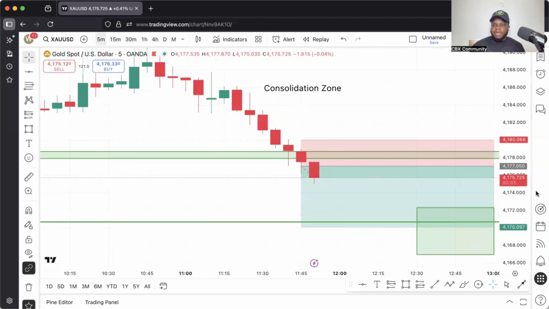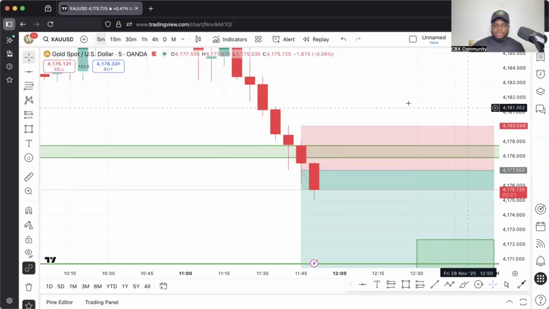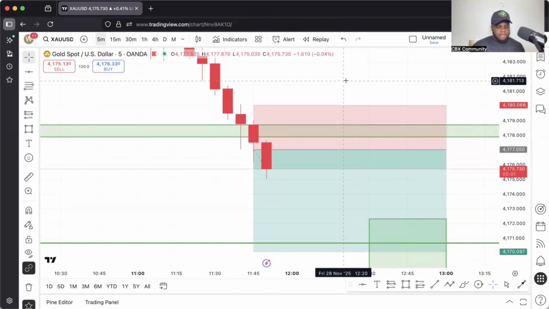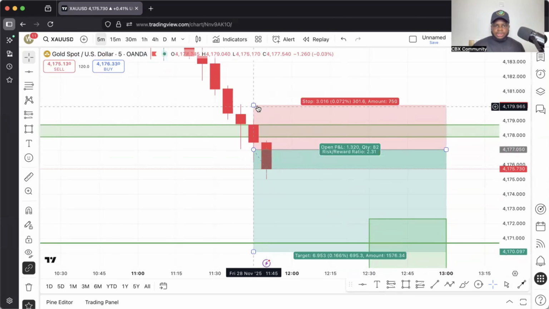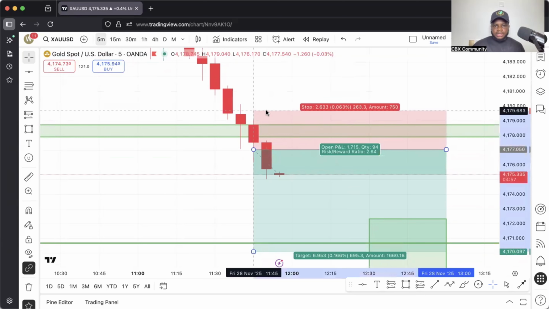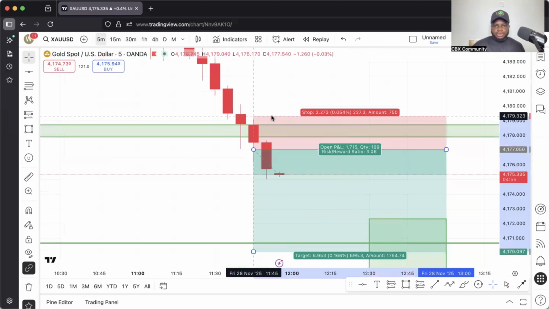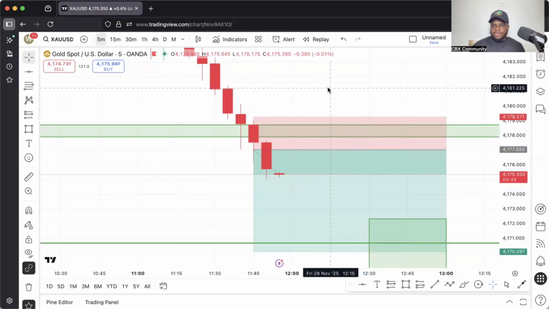So for me to manage my risk, I'm going to reduce my risk down to here from 30 pips to 22 pips, which the number is on the screen, 4179.21.